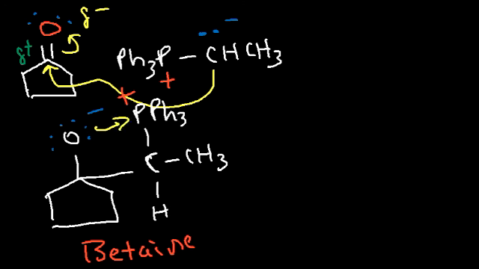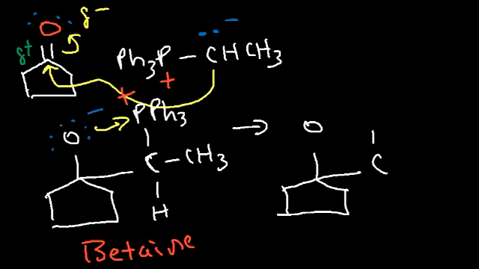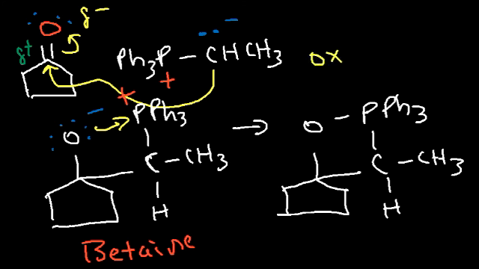And so we're going to get an unstable 4-membered ring, which is going to decompose very soon. So what we now have is called an oxaphosphetane group.